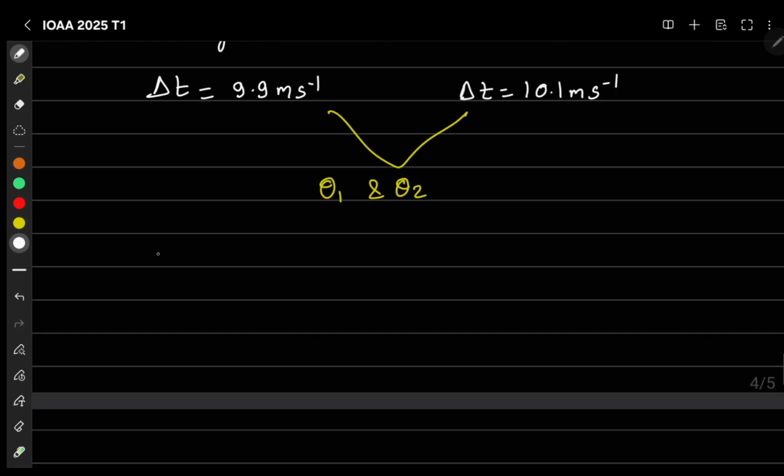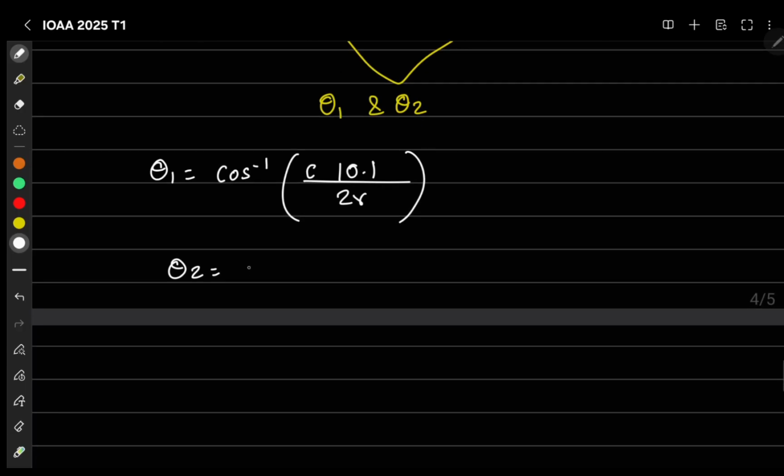So theta 1 is cos inverse of 10.1 by r, and theta 2 is cos inverse of 9.9 by r.